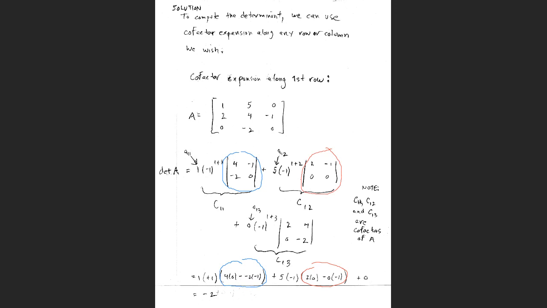And then the third part of the determinant, I just put a 0 there because 0 is a factor in the product. But in any case, you get negative 2. Are there any questions at all?